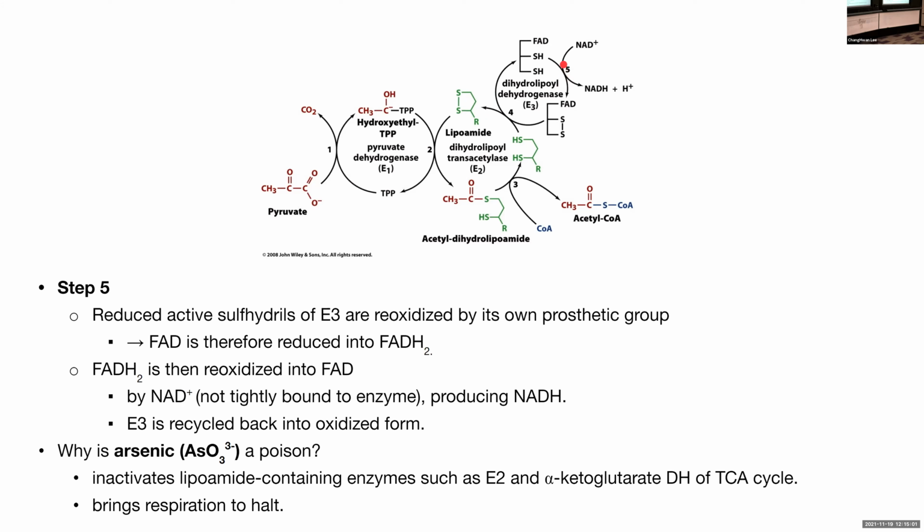But this reaction is coupled to the NAD plus reduction, becoming NADH and another hydrogen cation here. So it basically takes up these 2 hydrogen atoms to get the enzyme reoxidized back to its original form.